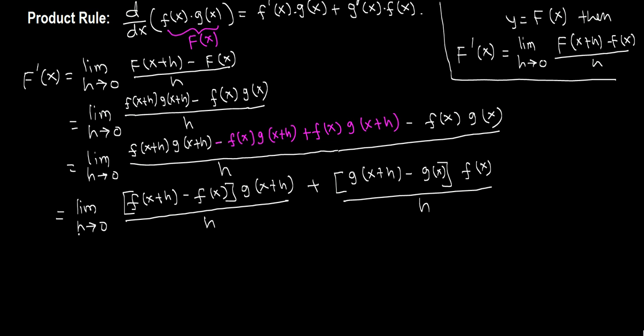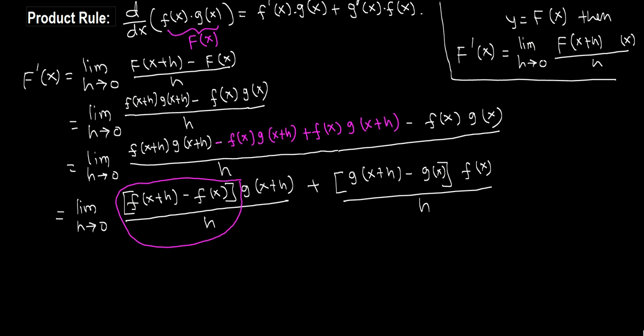Now I want to take the limit, and if you look closely, how about this limit? F of x plus h minus f(x) over h when h goes to 0. It matches with this definition. Okay, F of x plus h minus F of x. We had uppercase F here.